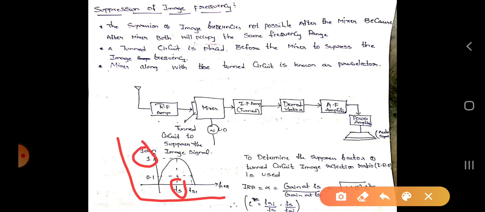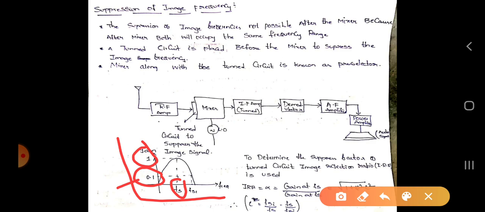And Fsi is nothing but the image frequency. We have to suppress that image frequency, so the gain at that image frequency is 0.1. So let us consider the tuned frequency has an intensity level of 50, and similarly the image frequency also has an intensity level of 50.